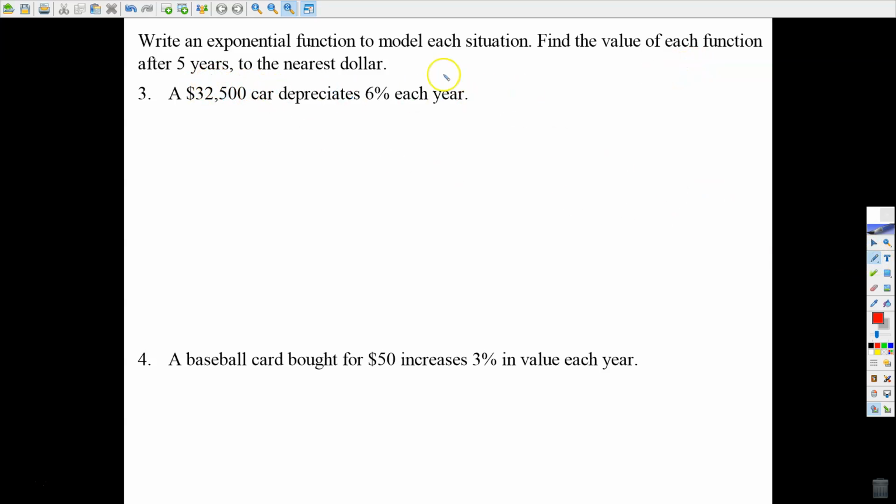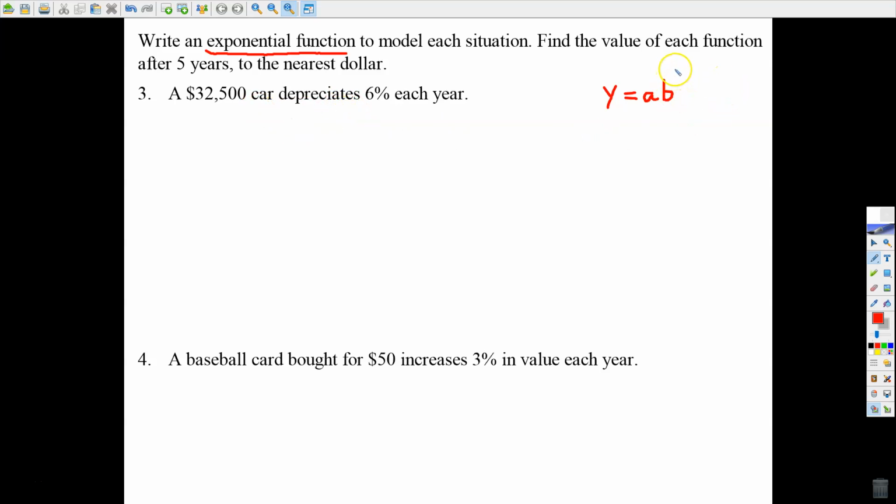So the first thing to realize is that when you're writing an exponential function, it always looks like this in general. Y equals a number A that we call the initial value times another number B that will either be a growth factor or a decay factor, depending on the problem being growth or decay, obviously.